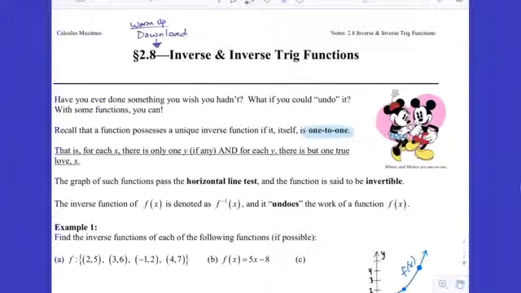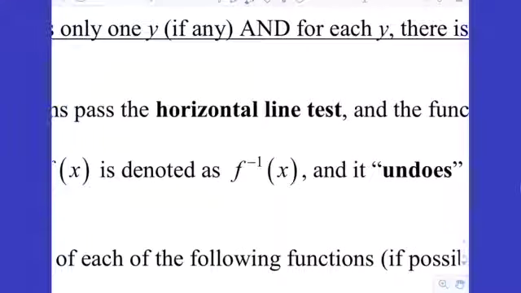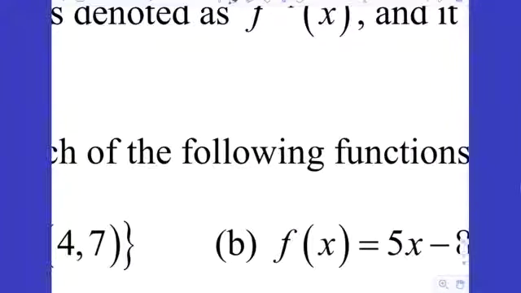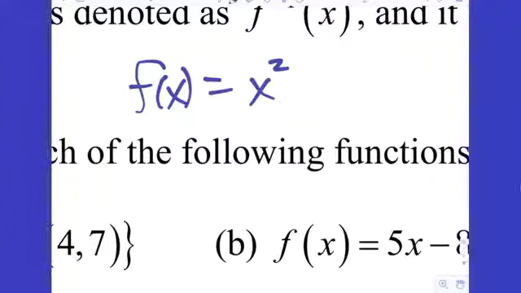So a function that is one-to-one has to pass not only the vertical line test, but also the horizontal line test. So if you were trying to code a message and you were using the function, let's call it f of x, x squared as a primitive cipher, you might take all the letters in the alphabet and square them and then transcribe them.